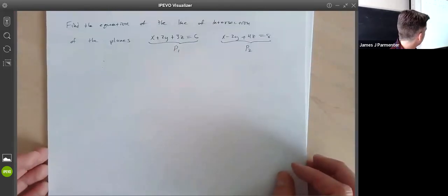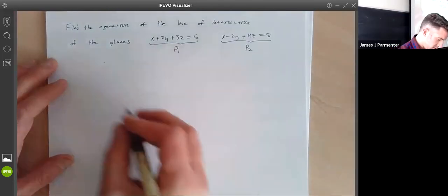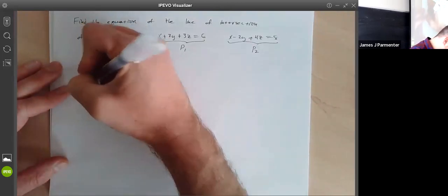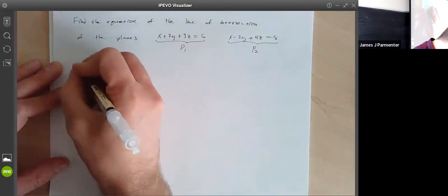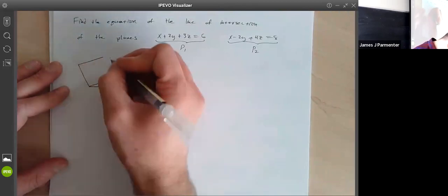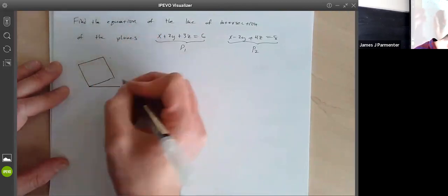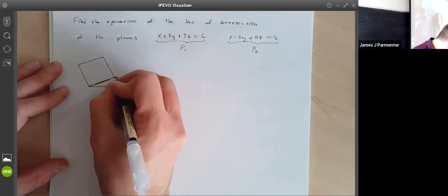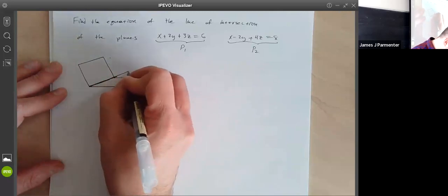So I'm going to draw my picture again, although not as much of it. So there's the line of intersection I want to know about.